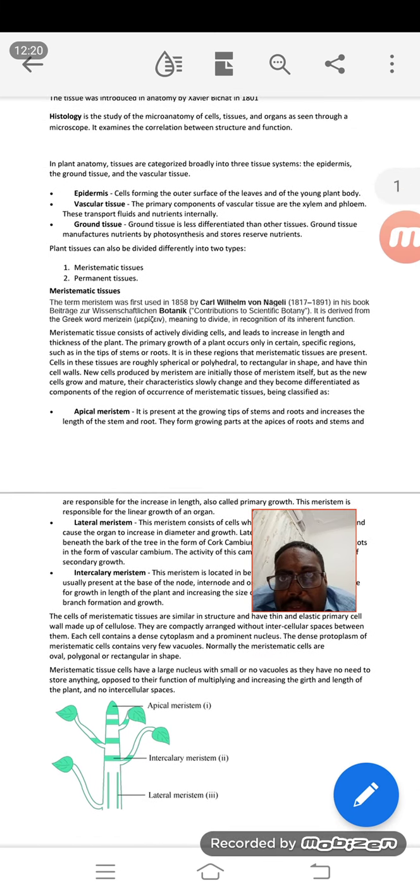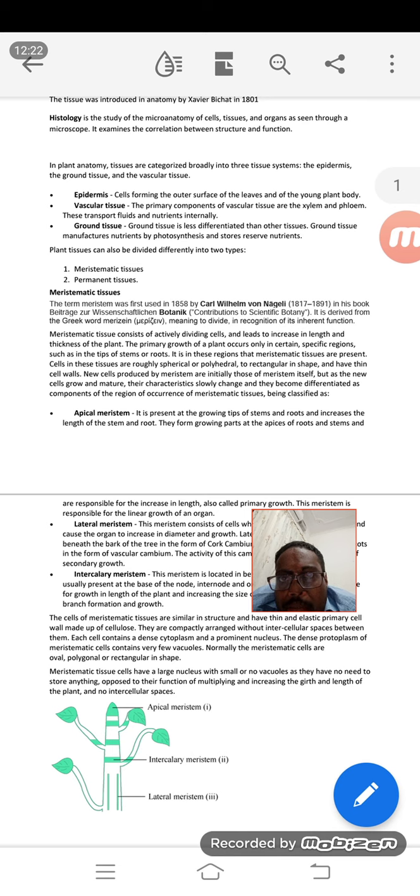Apart from that, when we see a plant from the outside point of view, this plant will mainly have three types of tissue systems. One is at the top, which is called the epidermis.